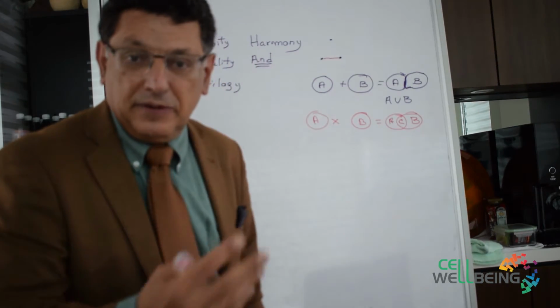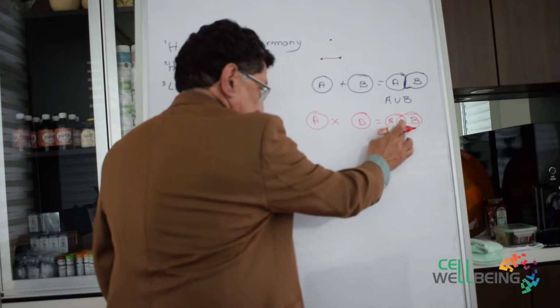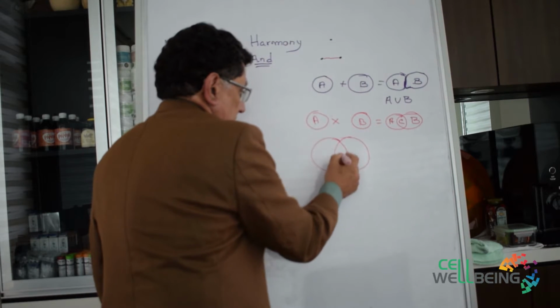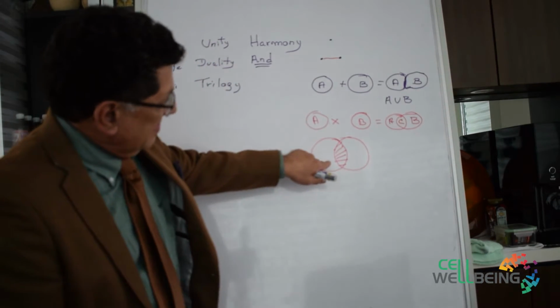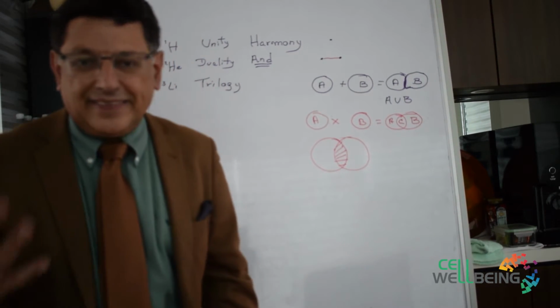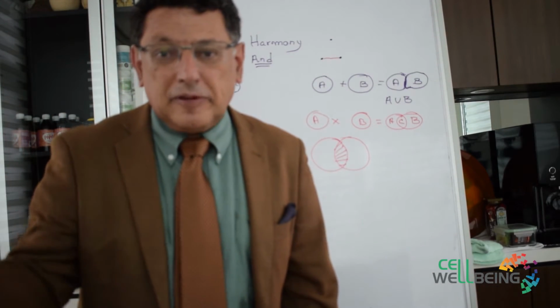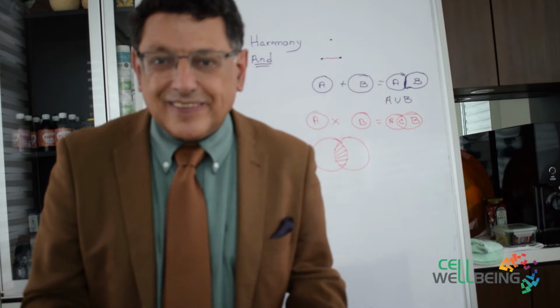Now have a look at how nature uses this. Because when A intersects with B, we form a structure that is called the vesica piscis. And this becomes a seed because it can be multiplied. And the Bible tells us about multiplication of the breads and the fish and everything else.